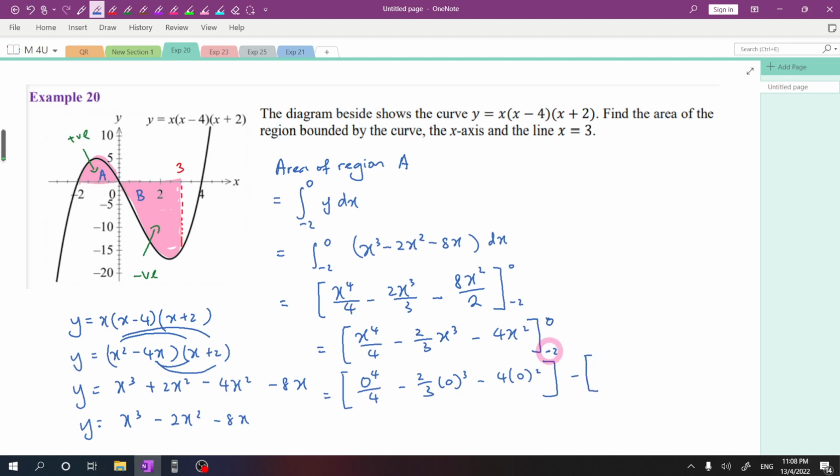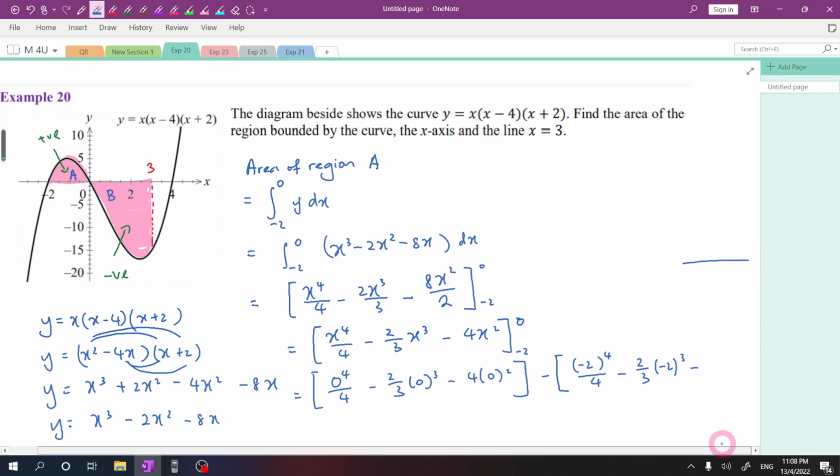Negative 2. When you deal with negative number, you need to be more careful. When you key in the calculator, remember to put a parenthesis. Negative 2 power 3 minus 4 times negative 2 square. Okay, here will give you 0.